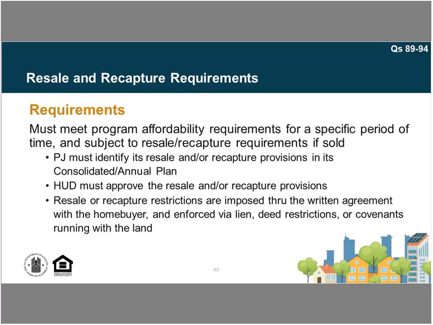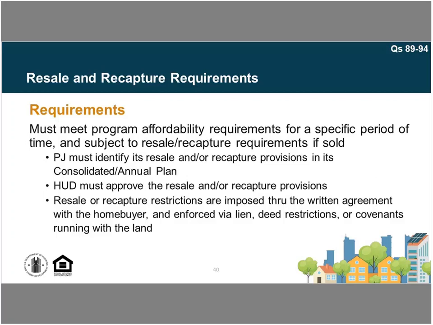And then recapture, this is where, again, the first buyer is low income in order to receive assistance through the HOME program, but they can sell it to anybody of any income. So recapture is that the HOME program is taking back or recapturing some or all of the available net proceeds that follow the PJ's recapture provision.